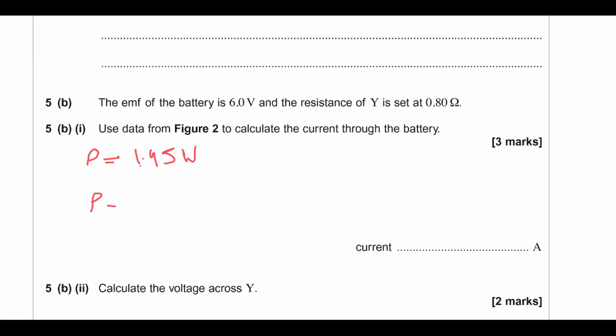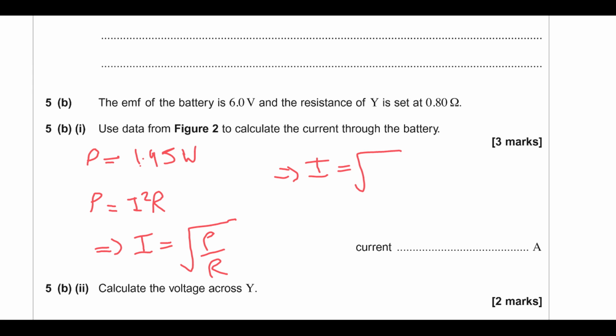So P equals I squared R. So to get I, we need to square root P over R, which means current is square root of 1.95 over 0.8. So let's calculate what that is. 1.95 divided by 0.8, square root, 1.6 amps, I reckon.